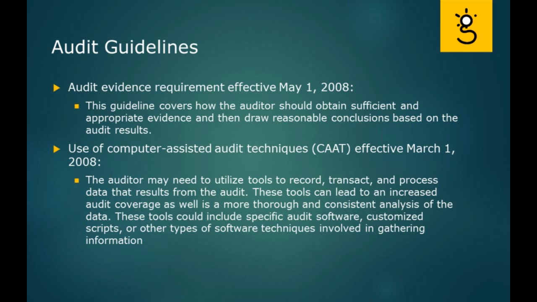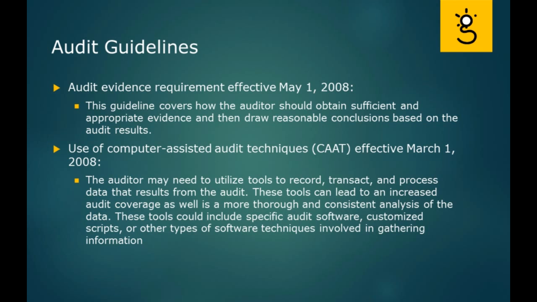The other one, the use of computer-assisted audit techniques. Now, you might need some tools to be able to record, transact, and process data that comes from an audit, especially when you think about the sheer amount of information that you might be looking at. And that's what these tools do. They help us do what we humanly can't do, which is to be able to sift through large amounts of information.